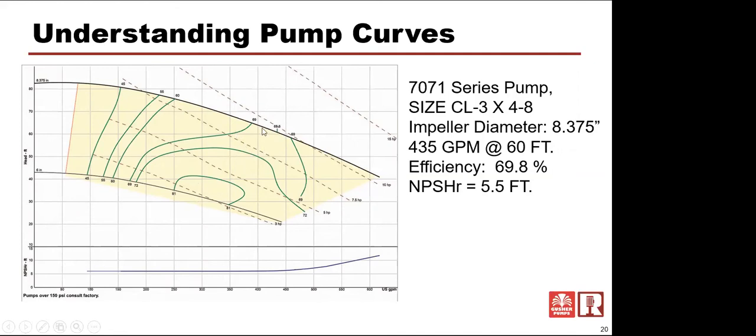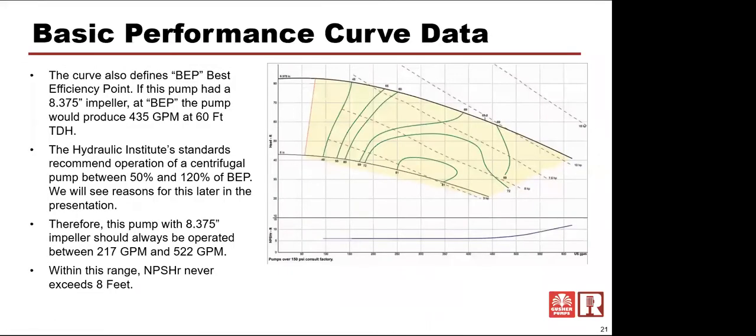And basically you could draw a line right along here so that if you trim that down to a 6-inch impeller, again, you'd know about what your efficiency is, what your horsepower load is, and what the NPSH required is to fill all of those impeller vanes with fluid and not have cavitation. So there's a lot of information on this curve, and a lot of it's very important from a pump design standpoint.